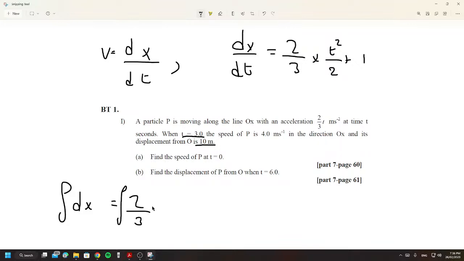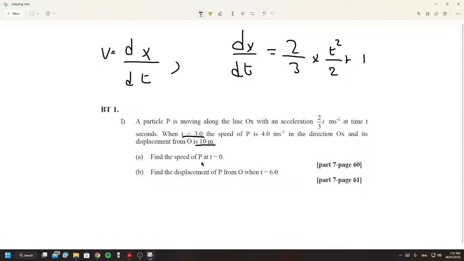So no, the integral of 2 over 3. Is that where I went wrong? Wait, that's where I went wrong, no? We have to start from the beginning because I wrote something wrong, didn't I?